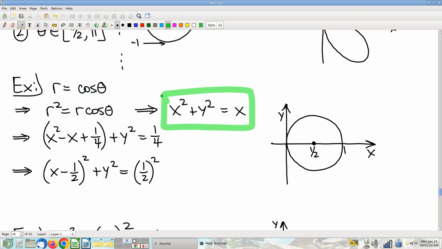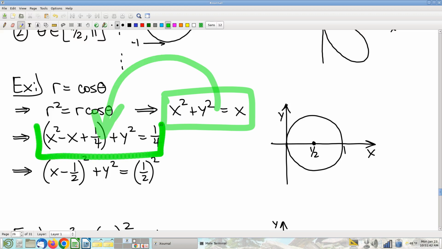I do want to point out one thing about this algebra, though. A lot of students in this class, in previous instances of this class anyway, have forgotten how to do completion of the square. So make sure that you polish off your algebra skills and make sure that you're good with completing the square. That's what I did here to rewrite the equation like so.